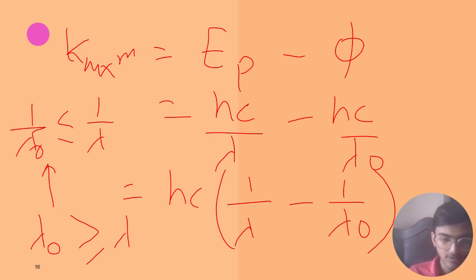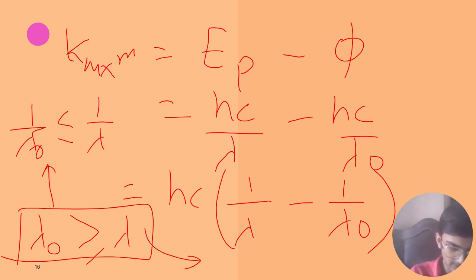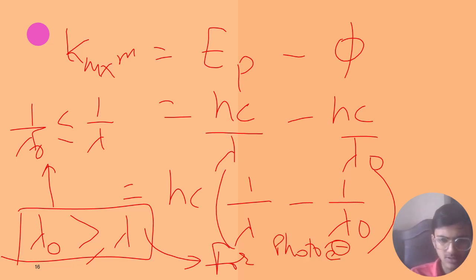Yes or no? And this we need for photoelectric emission, so lambda naught greater than or equal to lambda is the condition between threshold wavelength and the wavelength of incident light. So this was in terms of wavelength.